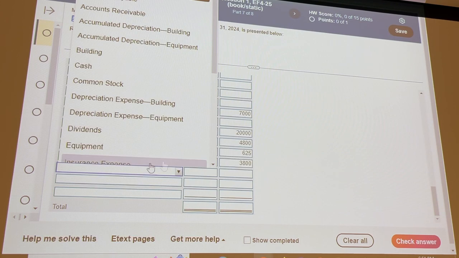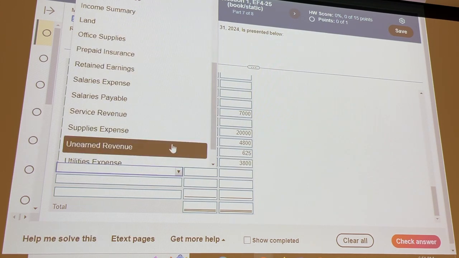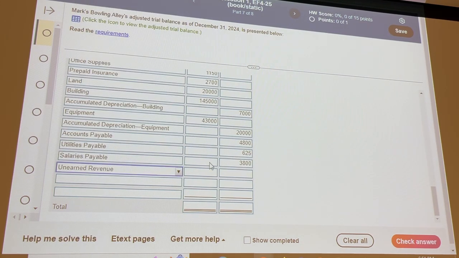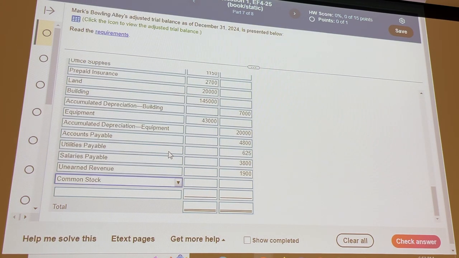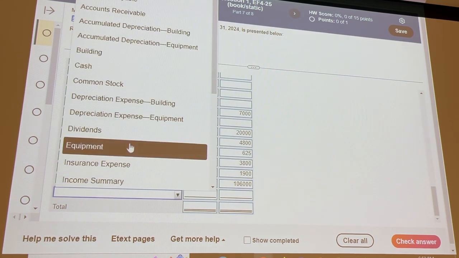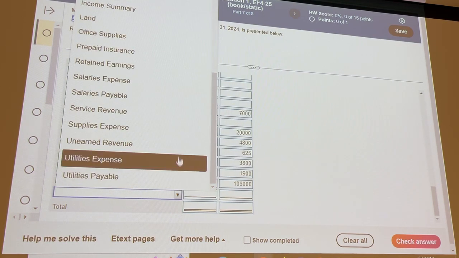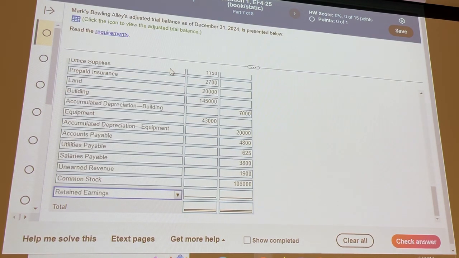Unearned revenue, credit at $1,900. Common stock, $106,000. Retained earnings, that's the one that's tricky.